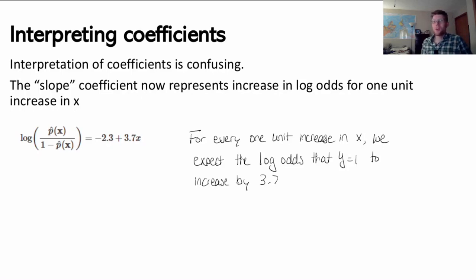And I don't know about you, but thinking about the log odds as a meaningful value is not very easy to me. But that is literally what that coefficient would represent, just so that we have some reference.